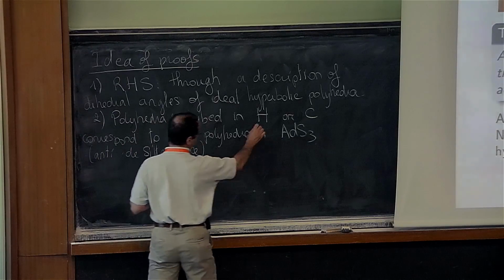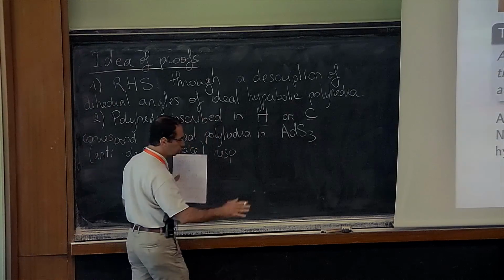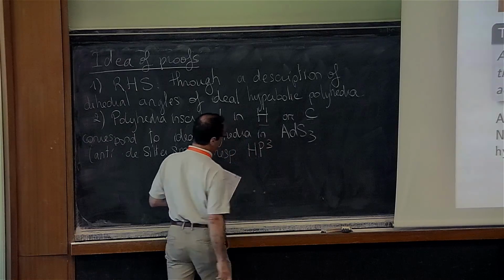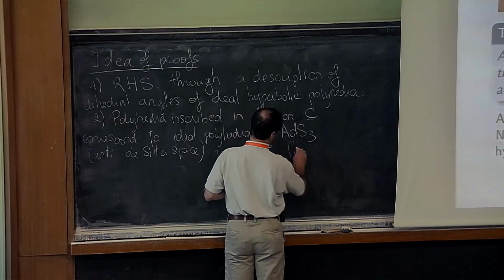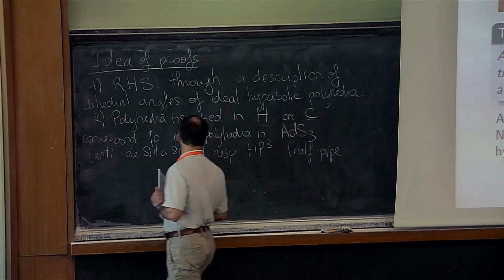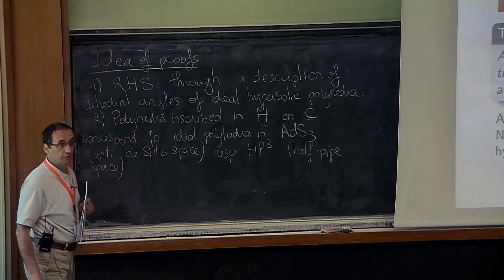And this is for the hyperboloid. And for the cylinder, it's going to be something else, which I'm not going to talk about much because I won't have much time. It's going to be HP3, which is called half-pipe geometry, and this was basically introduced by Jeff Danciger in his thesis a few years ago.